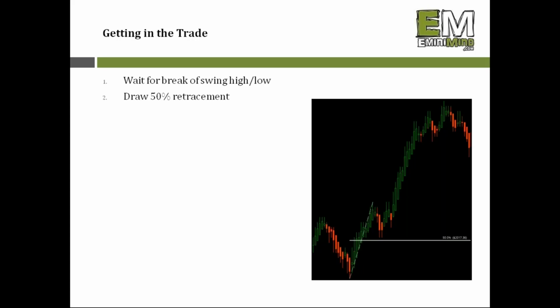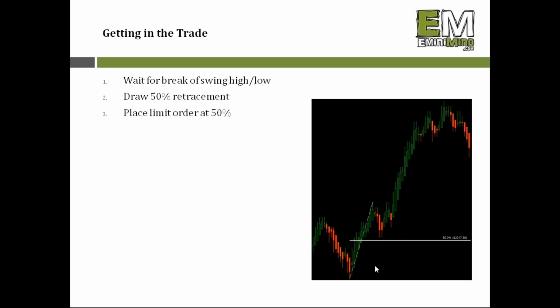Whether you're getting in at a 50% or you're doing some kind of moving average cross, getting in the trade, that's kind of the easy part. So identifying is super important. Getting in the trade, if you're a little bit off, it's probably not the end of the world. But then managing the trade is the other super important part.